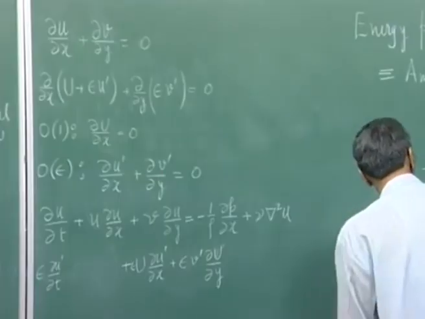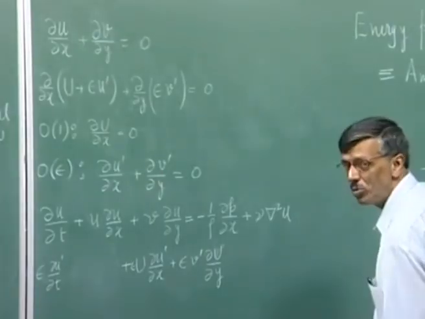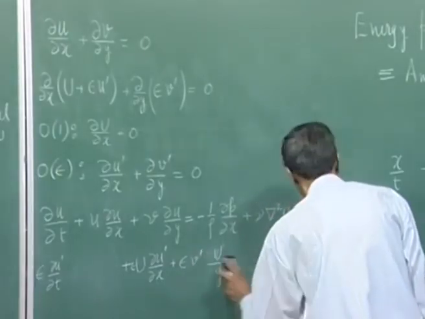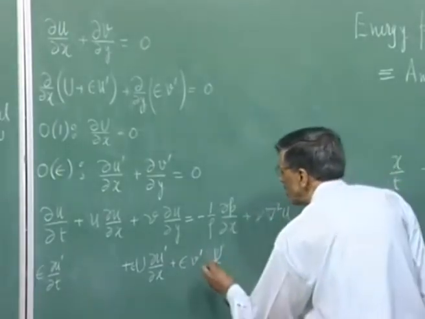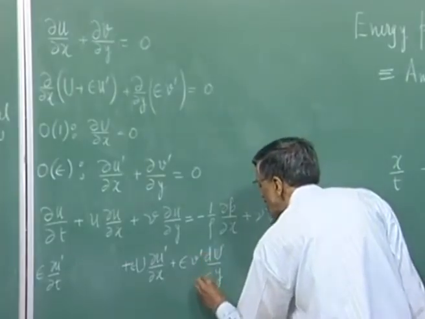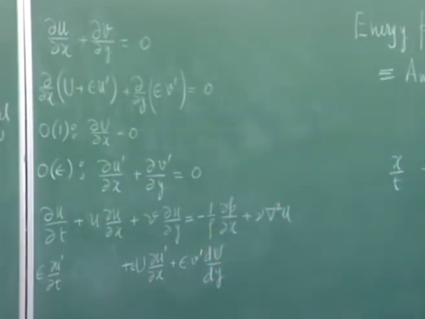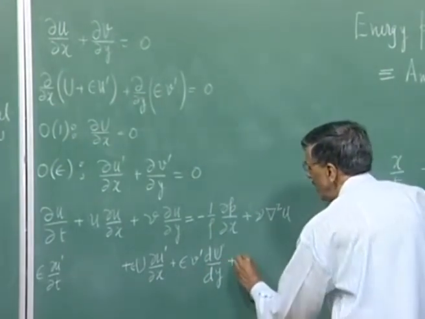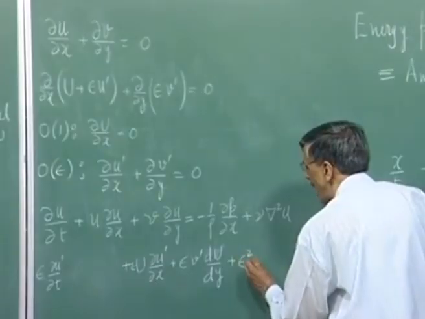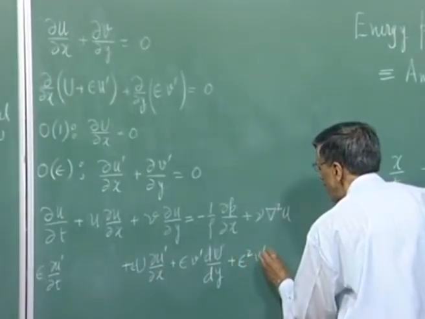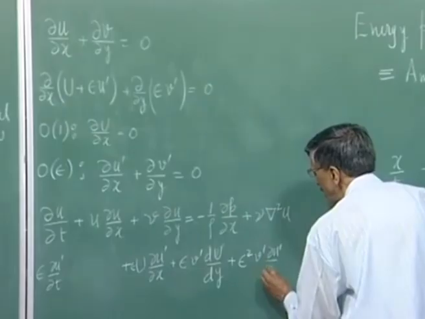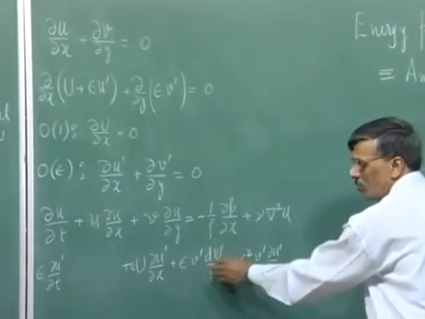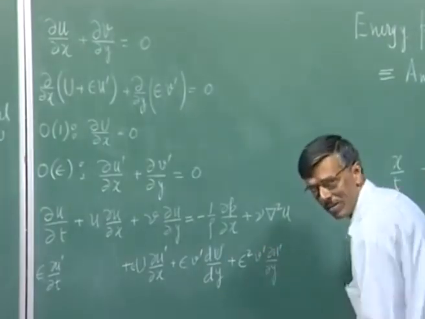In fact, since you have assumed U to be a function of y only, you do not even need to write this as a partial derivative. You just simply write it as the ordinary derivative. What about the additional term? There is an additional term epsilon square, that is v prime del u prime del y, right. So, that we have written up to whatever is there.